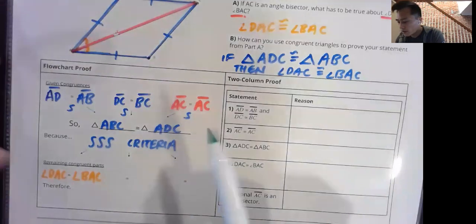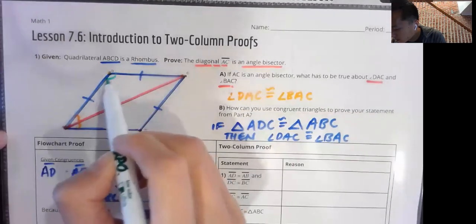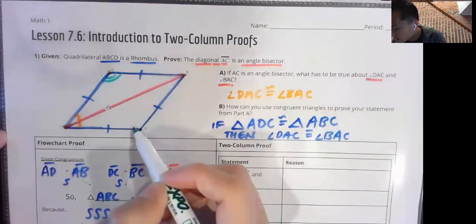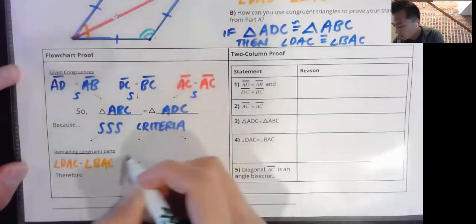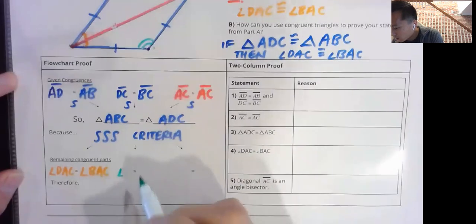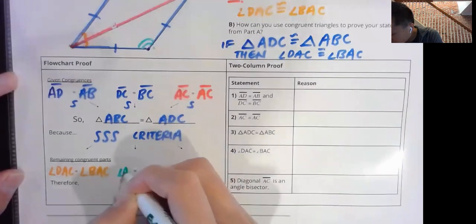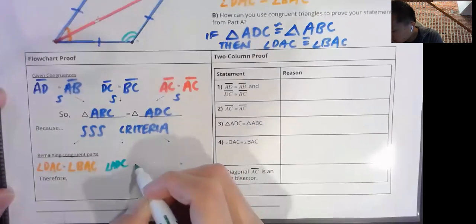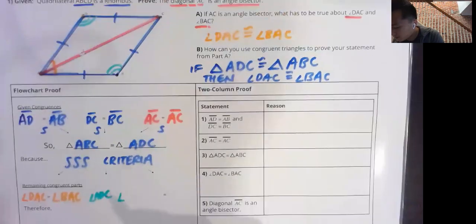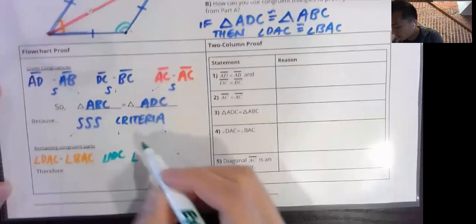I have this top angle here is going to be congruent to this angle here. So I can say angle ADC is congruent to angle ABC.